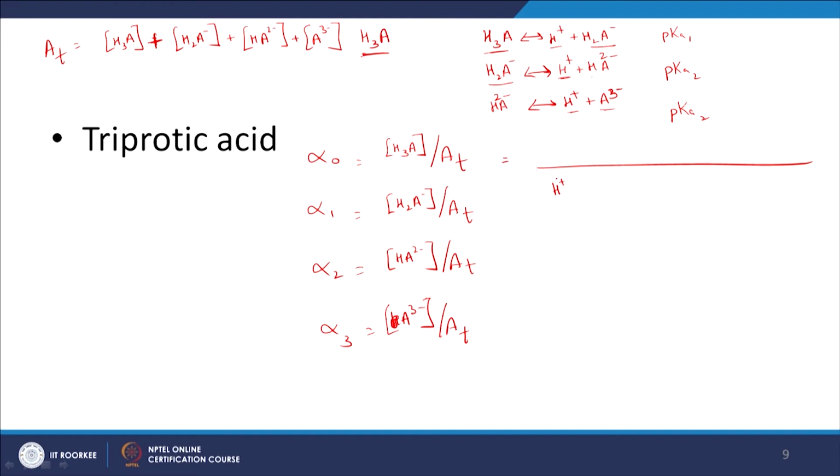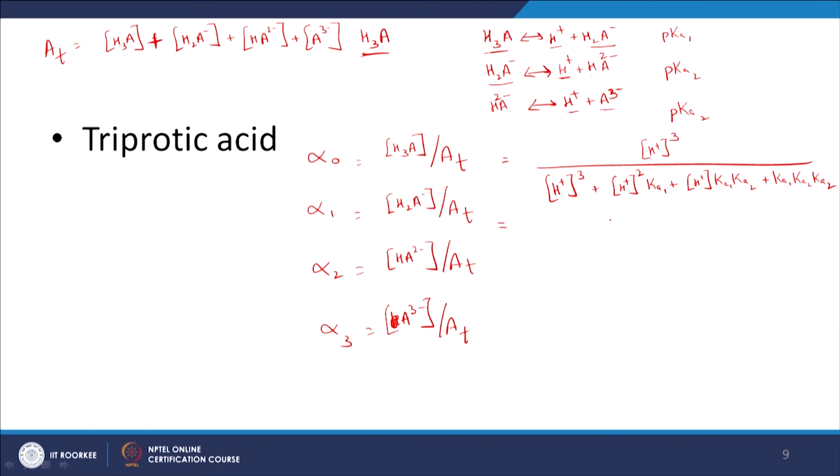So now I am going to have H+ cubed plus H+ squared into Ka1 plus H+ into Ka1 Ka2 plus Ka1 Ka2 Ka3, and this is what we have as the denominator, and the numerator is going to be H+ cubed for alpha 0.